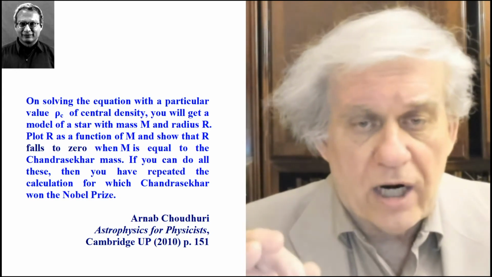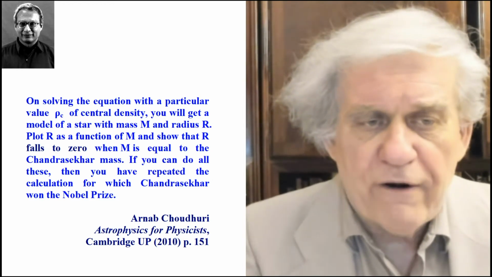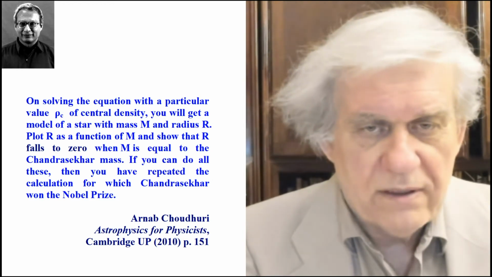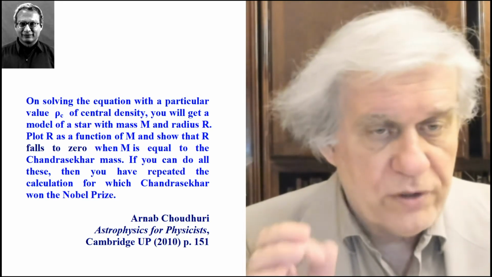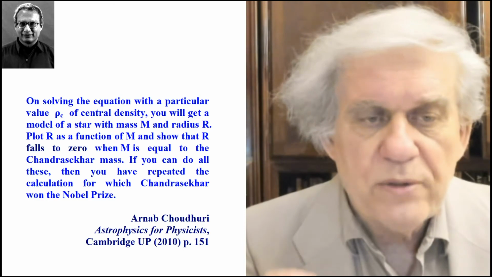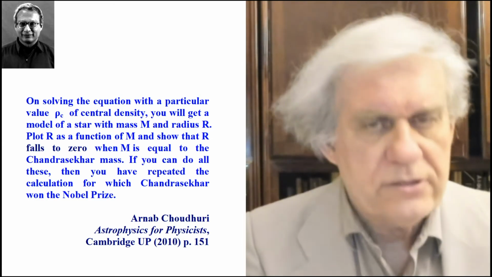Okay, plot r, radius, as a function of m, mass, right, and show that r falls to 0. Falls to 0 when m is equal to the Chandrasekhar mass. If you can do all these, then you have repeated the calculation for which Chandrasekhar won the Nobel Prize.